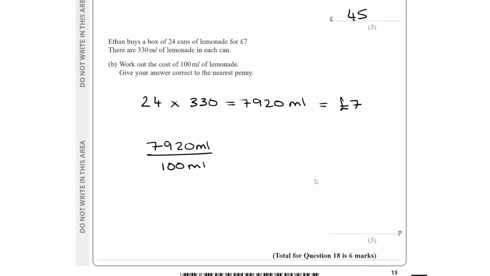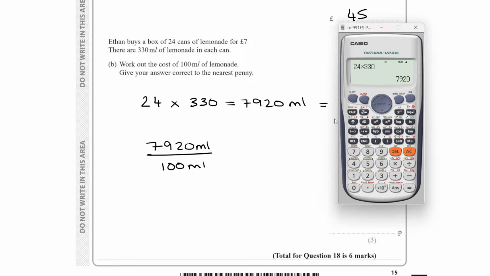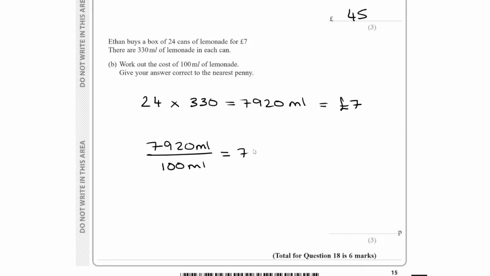You could probably figure that out yourself, but we can also put it in the calculator. That would tell me how many lots of 100 mils I have, wouldn't it? 7,920 divided by 100, which gives me 79.2. That's like 79.2 lots of 100 mils.